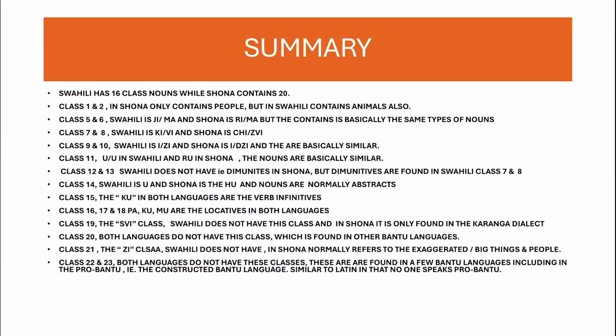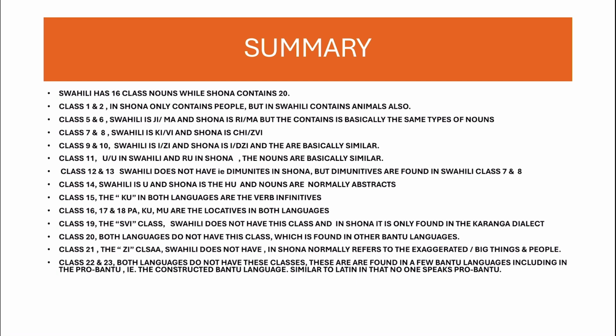To summarize what we have covered, we have noted that Swahili has 16 noun classes while Shona has 20. Class 1 and 2 in Shona mainly contain people, but in Swahili they can contain animals, birds, and fish.